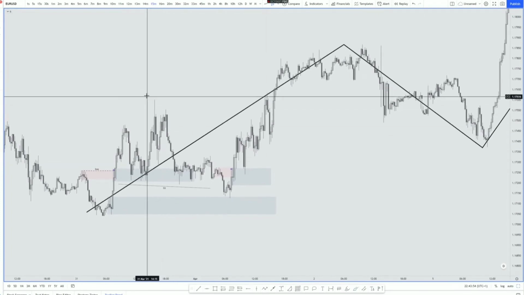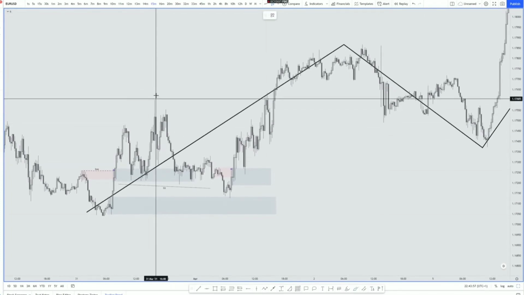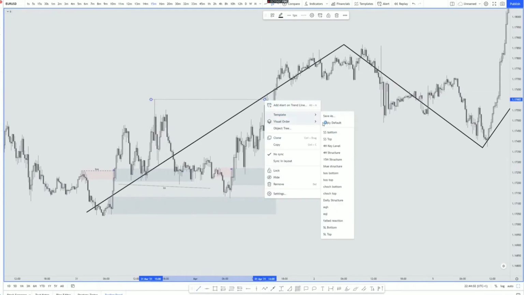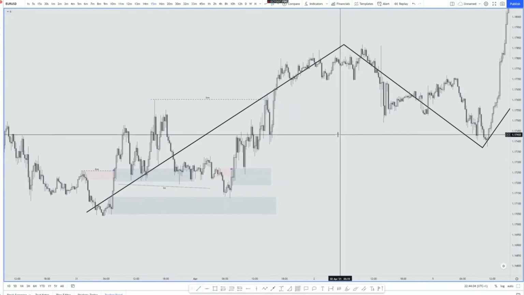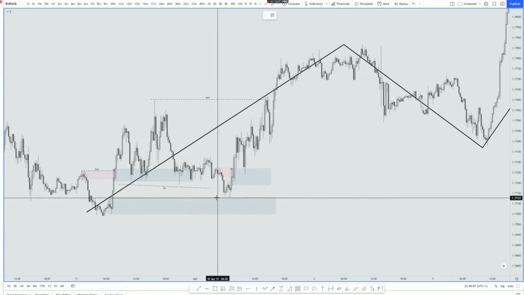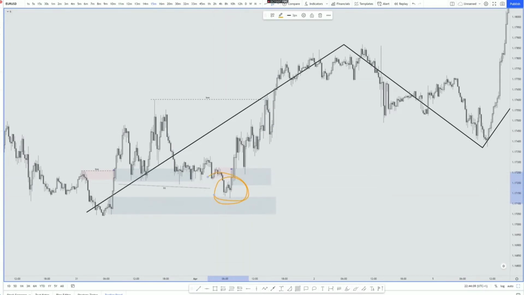My expectation is, as this high is taken, that we are going to continue on up. And at the same time, my expectation is this low will not get taken if this trend is to continue.